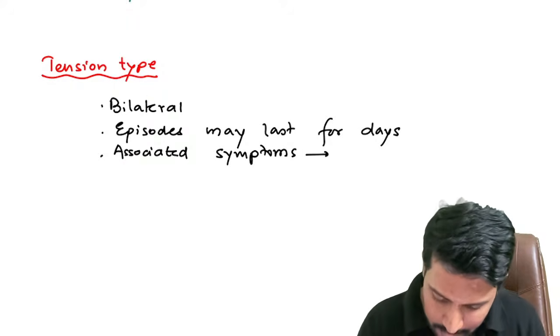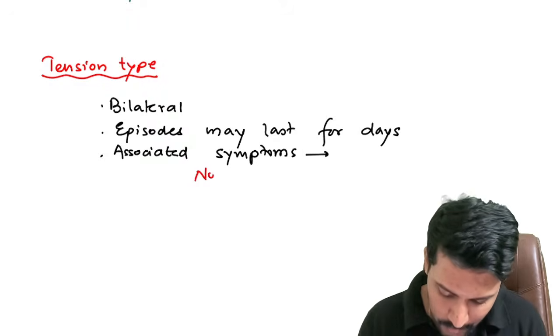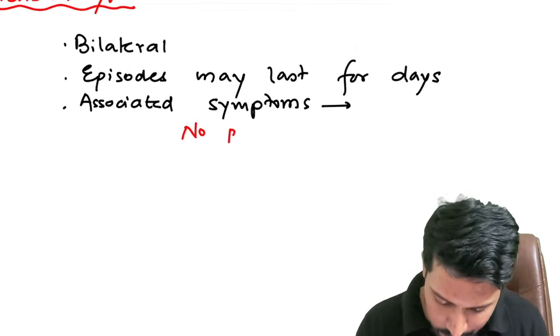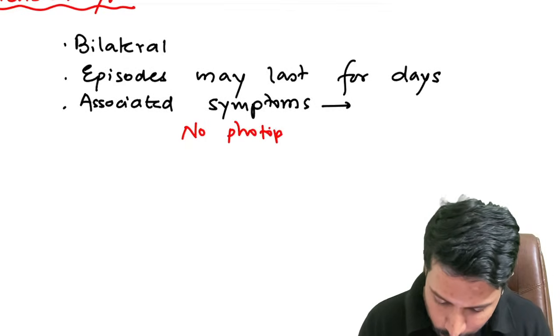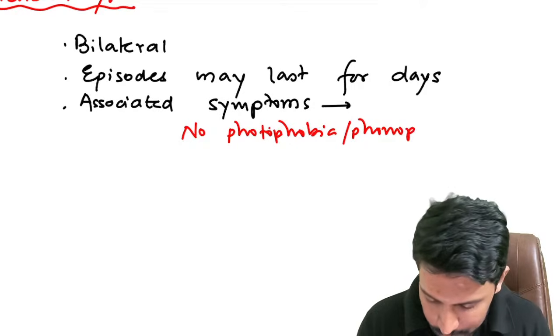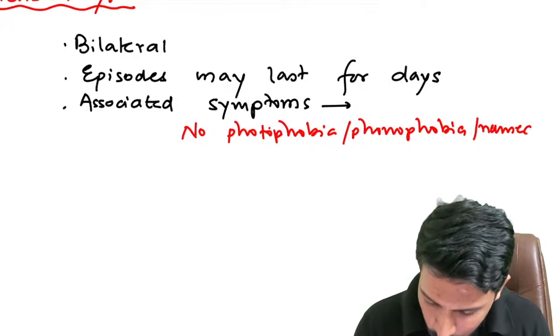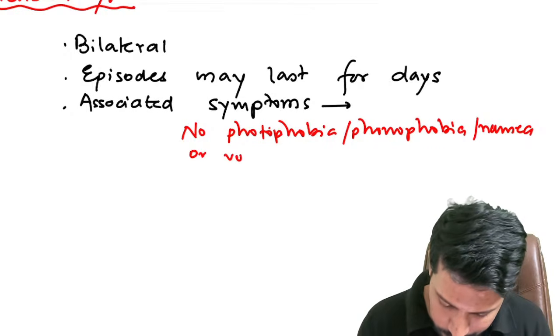The tension type of headache generally does not have photophobia, phonophobia. So there are no major associated symptoms. You don't generally have photophobia, phonophobia, nausea, or vomiting.